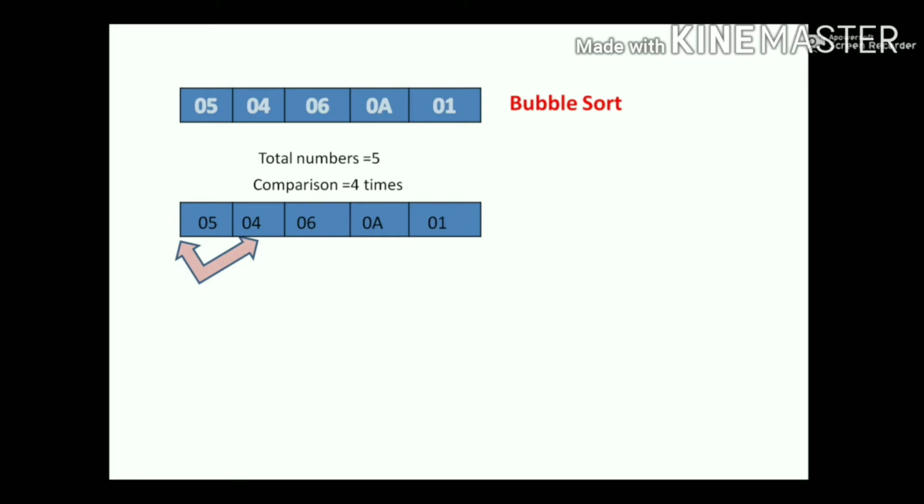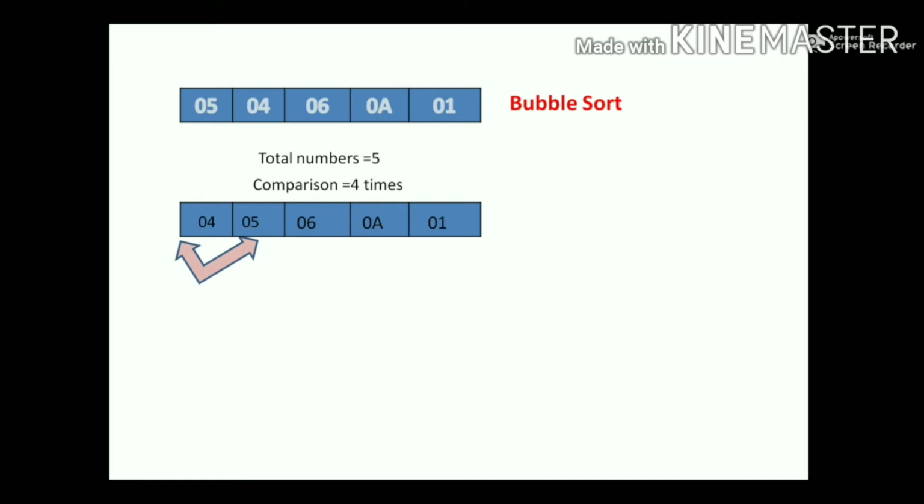In this case 04 is smaller than 05, so 04 should come first and 05 should follow 04. So here we are swapping the numbers.